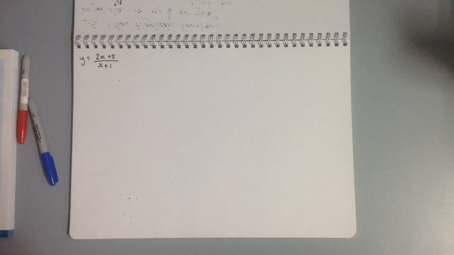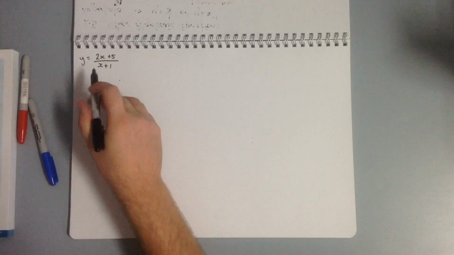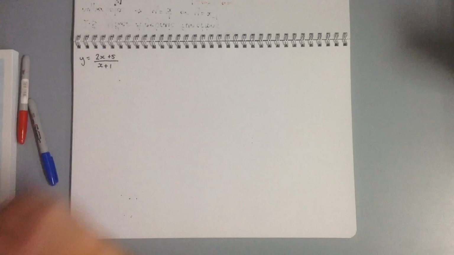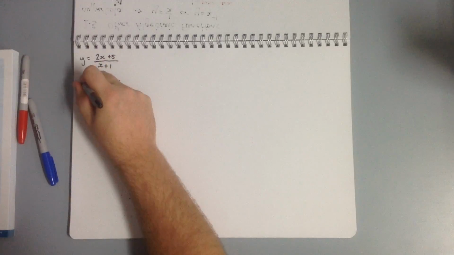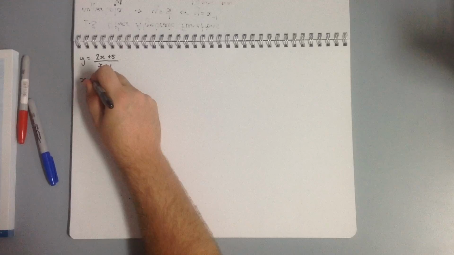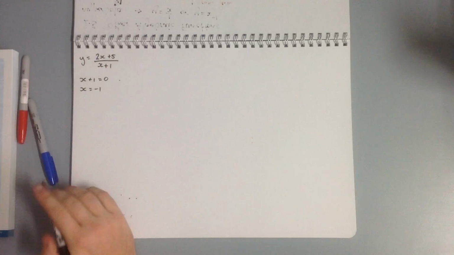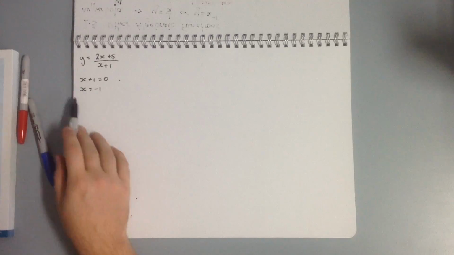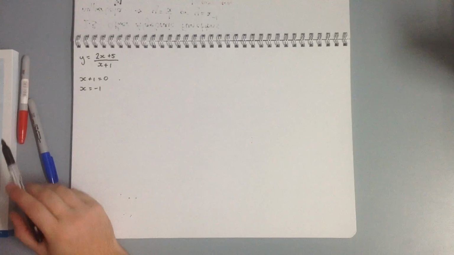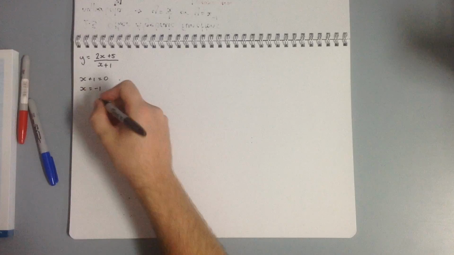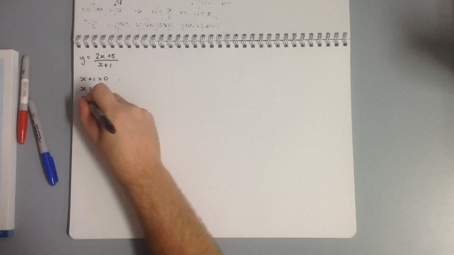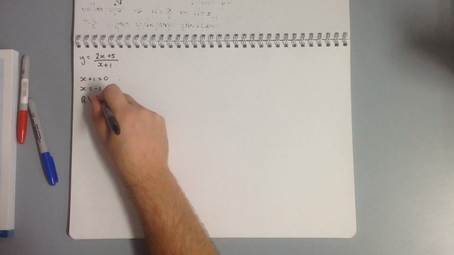So we need to be thinking about when the function is undefined. The function is undefined when the denominator equals 0. So when x plus 1 equals 0, therefore x equals -1. That means that we've got to exclude -1 from our domain. So our maximal domain for this would be all real numbers excluding -1.